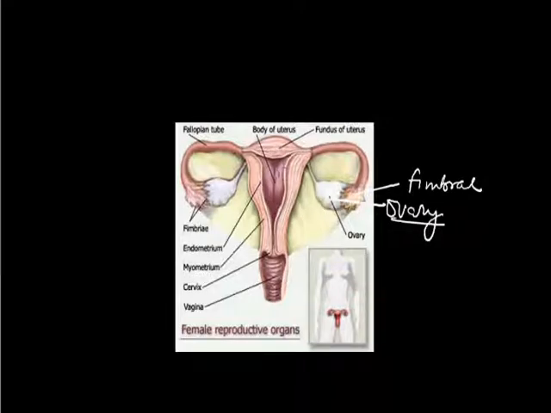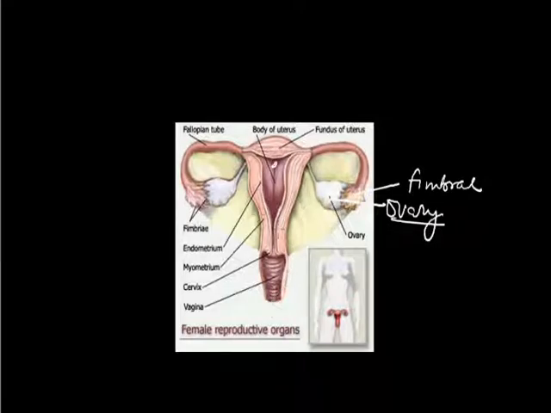This is the site for implantation, where the fetus starts growing. This uterus opens by the cervix into a tube-like structure called vagina, which opens outside the body.